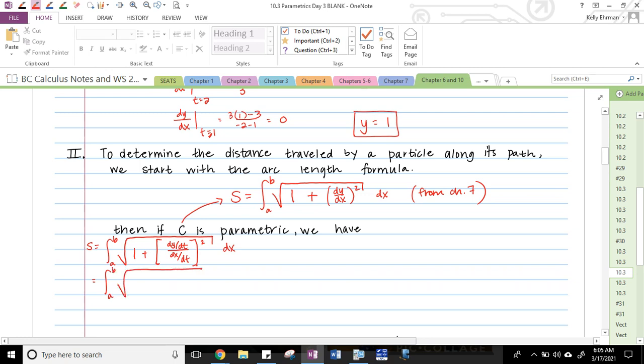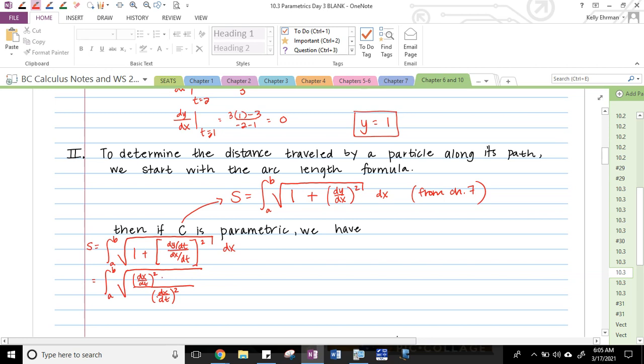Instead of having 1 plus dy dt squared over dx dt squared, why don't we make the 1 into dx dt squared over dx dt squared, setting it up like a common denominator.